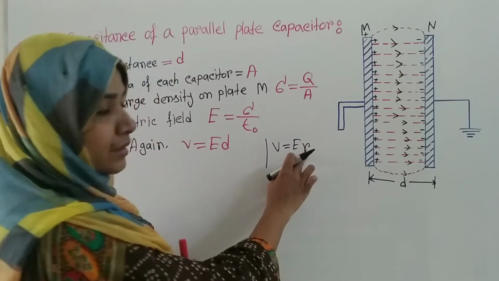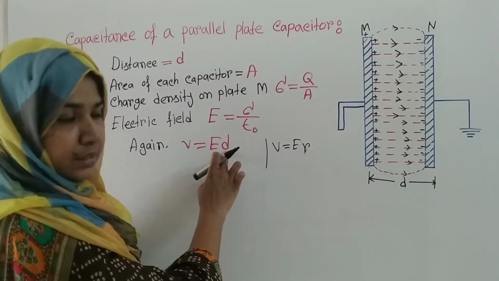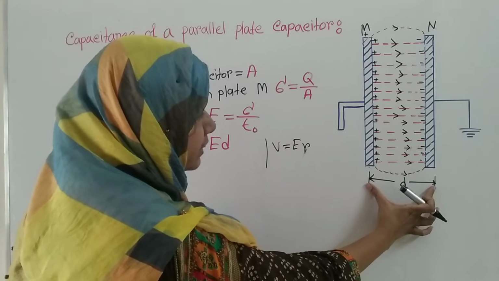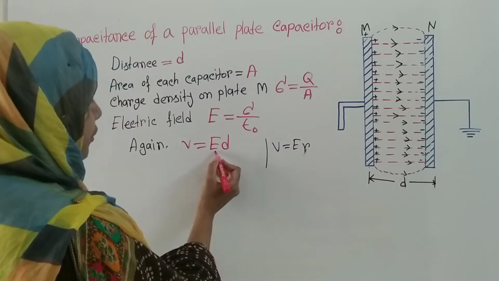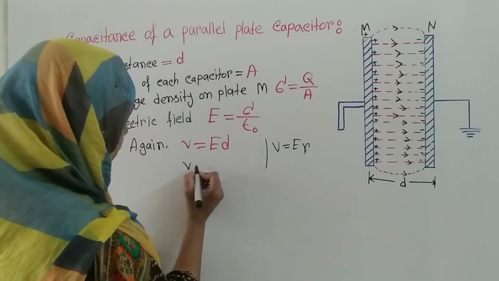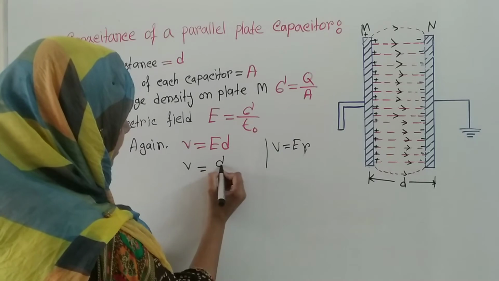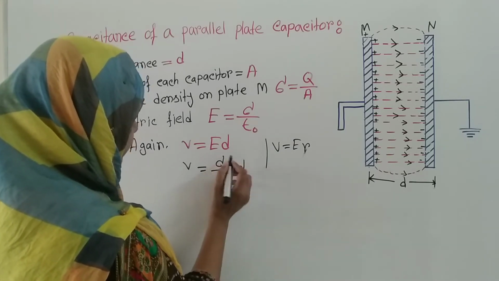As R means the distance, instead of R we are using D, as we consider the distance between these two plates is D. Now if we put the value of E here, we get V is equal to sigma divided by epsilon naught into D.